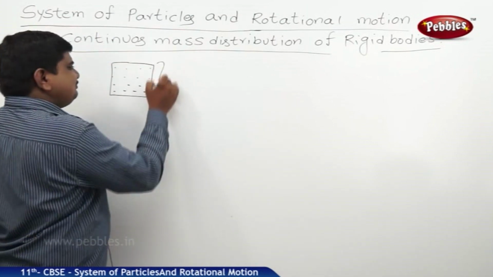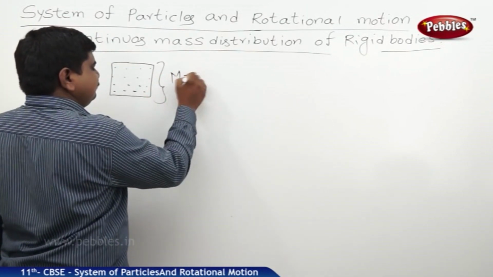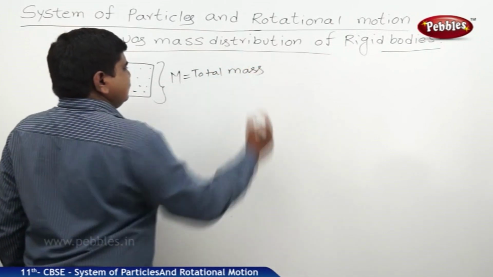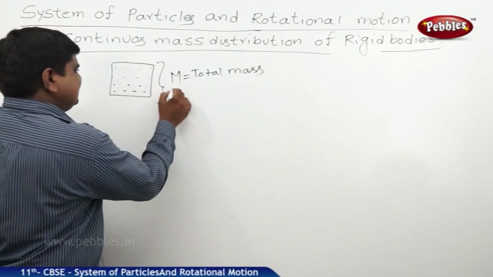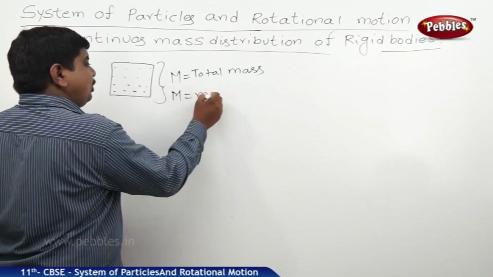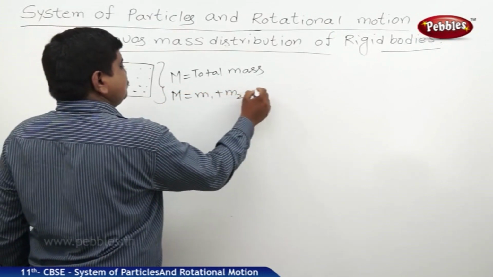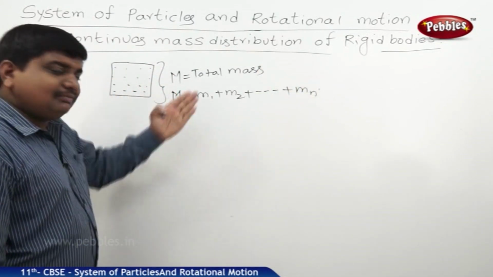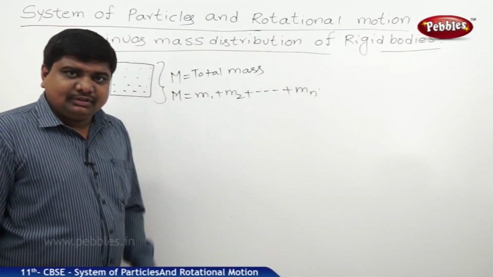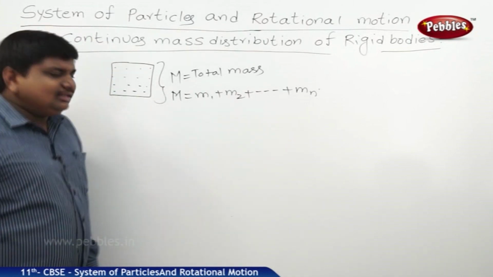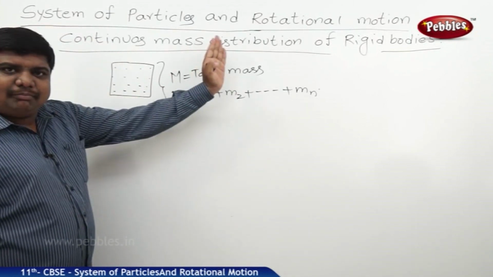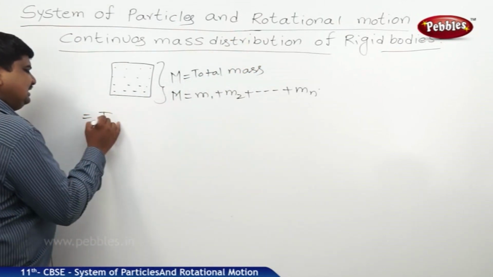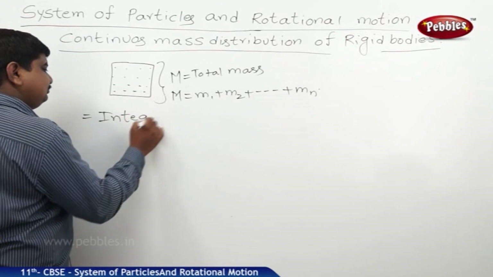The total mass of the body is capital M. This total mass is nothing but the sum of all point masses, M1, M2 and so on up to Mn. We know this basic point from the beginning. But if you want to find the distribution of mass in a rigid body, we should follow the integration method.